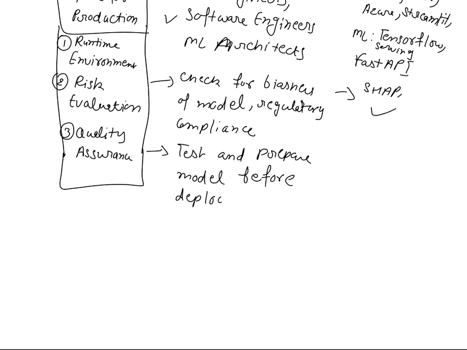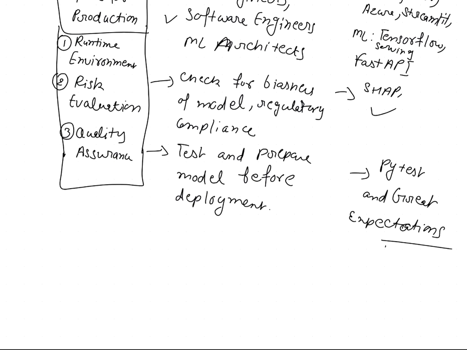Okay, this is very important, and for this you can use PyTest. This is a very popular library for unit testing, and you can also use Great Expectations. This is one of the popular libraries for evaluation. Very popular, Great Expectations. This is not the English vocabulary word expectation.